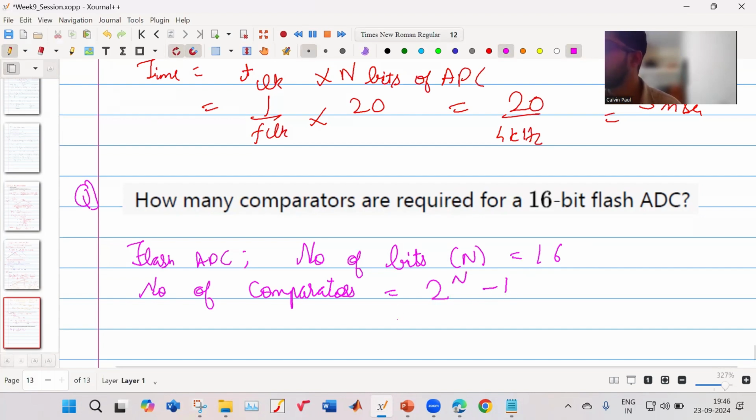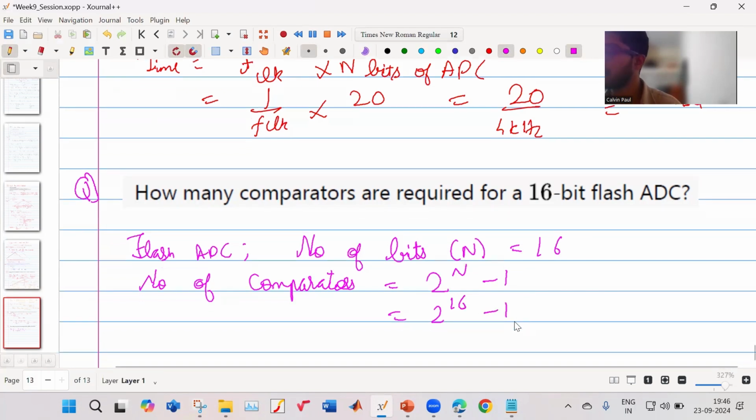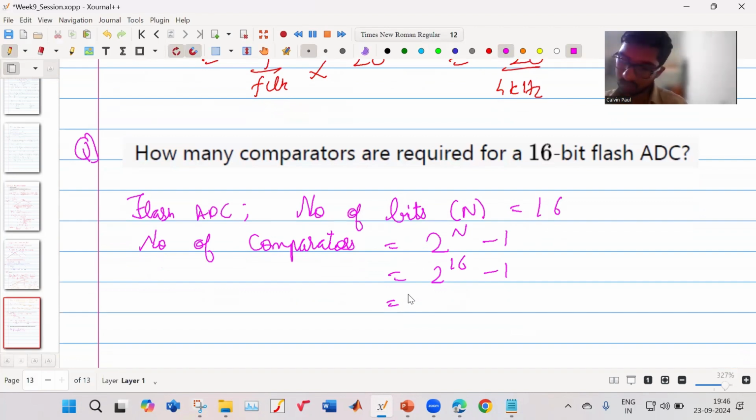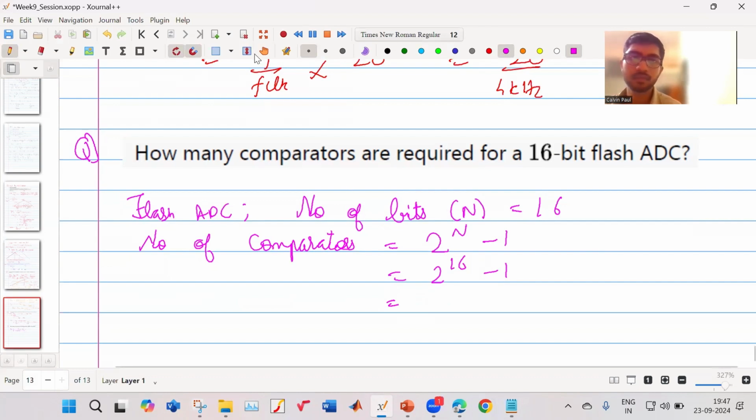So that is 2 raised to 16 minus 1. So how much is that? Yes, it becomes about 65,000.